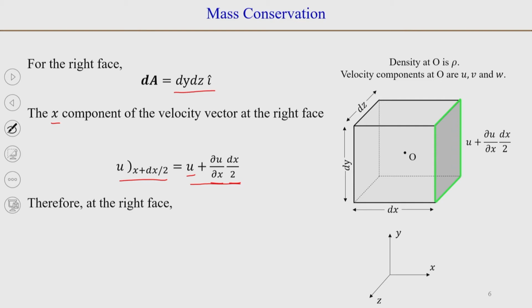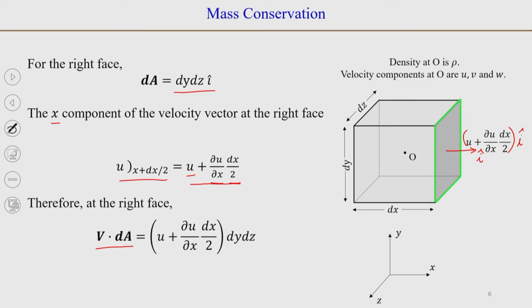So, at the right face we can write the integral of v dot dA, because the area vector points out normal to the face in the positive i direction and u is also pointing out in the positive i direction, so i dot i will be equal to 1.